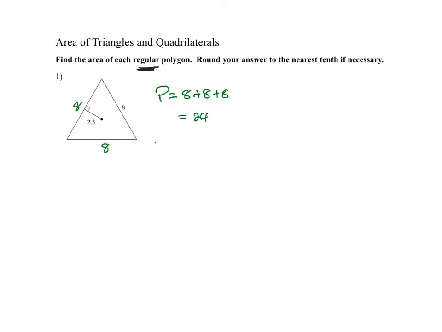And now my area is half of 24 times 2.3, right? I know that this is the apothem because it goes from the center to the side and it's perpendicular to the side, right? So this is 27.6 units squared.